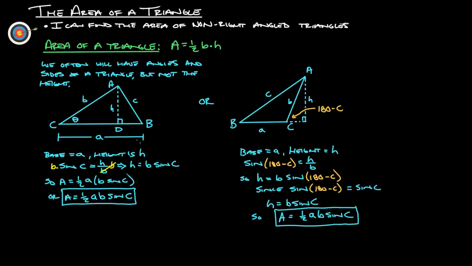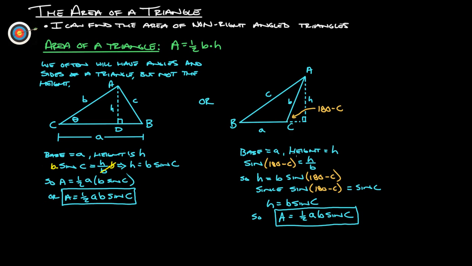Oh, sorry, we have another way to look at that, in case you had an obtuse triangle like this instead, this will still work. Base is still going to be a, height is still going to be this h here. Really, the sine of this angle right here is going to be 180 degrees minus whatever this angle C is.